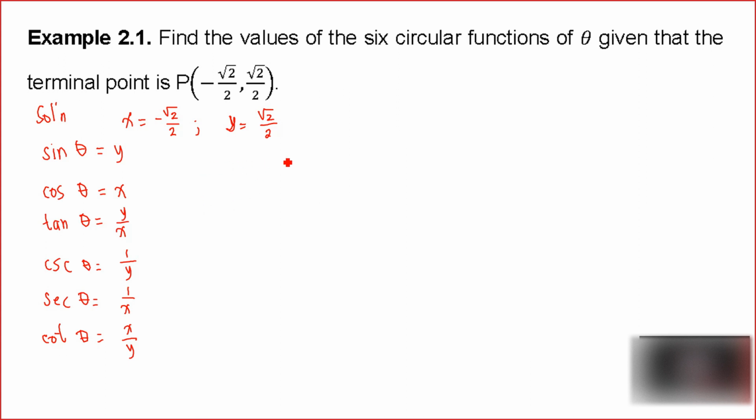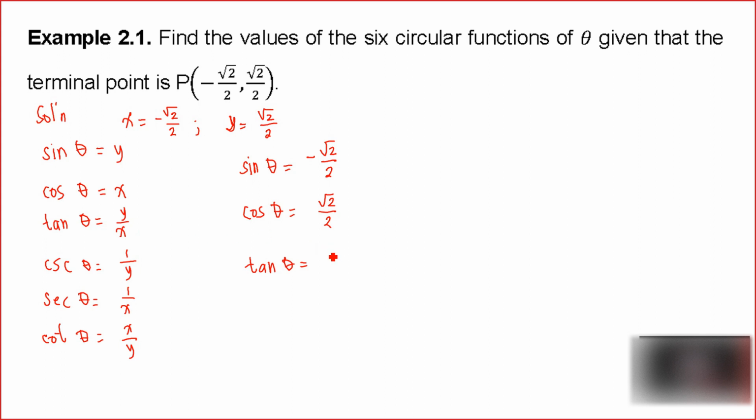So in other words, our sine theta is equal to negative square root of 2 over 2. For the cosine theta, which is our y, we have square root of 2 over 2. For the tangent theta, we have y over x.